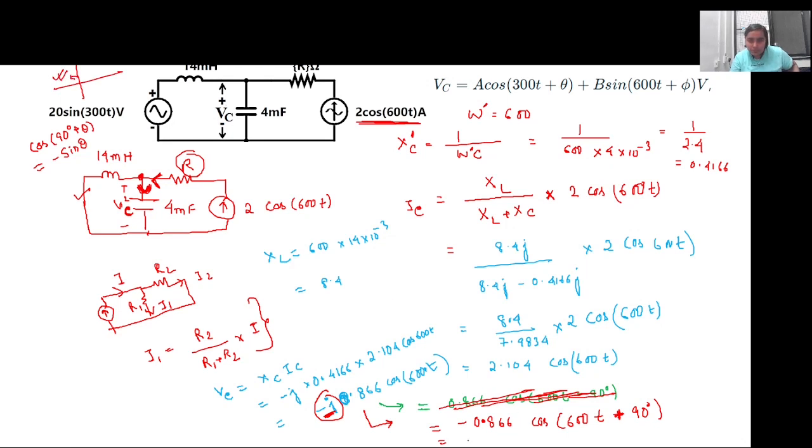So this will be minus 0.866 into minus of sine of 600t. Now we can get rid of this minus sign. So finally VC becomes equal to 0.866 sine of 600t. Is this okay?